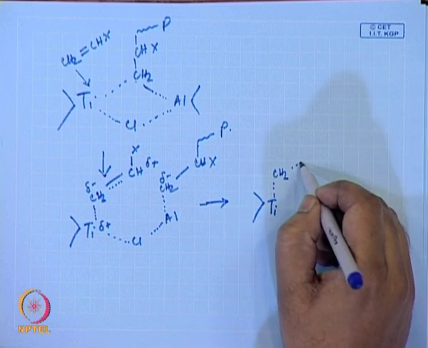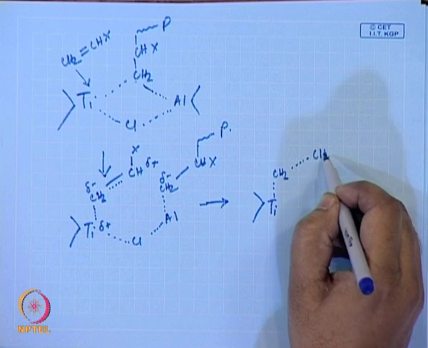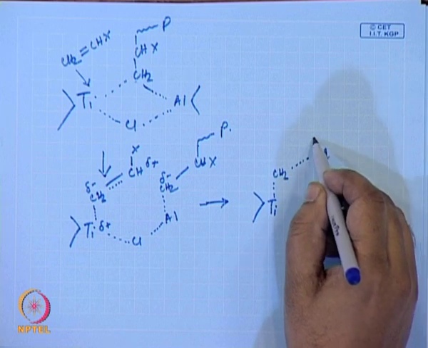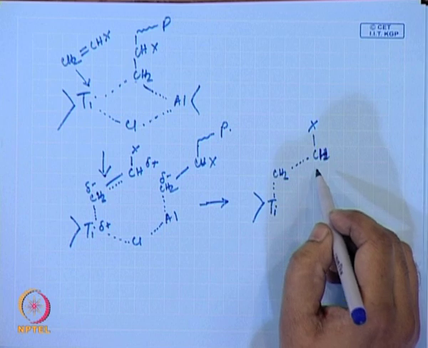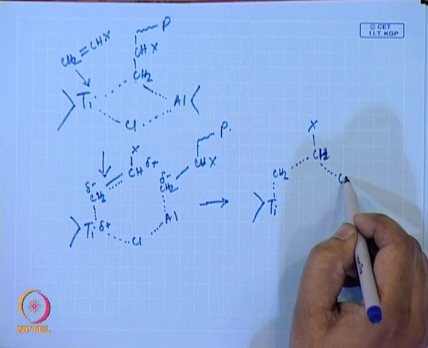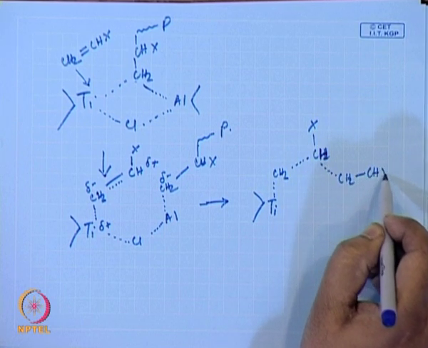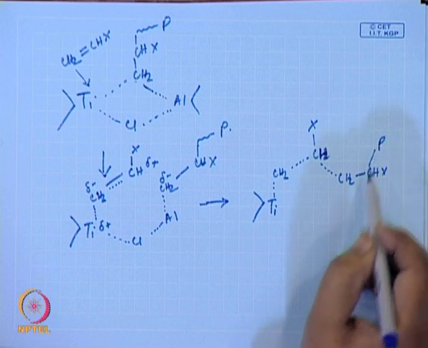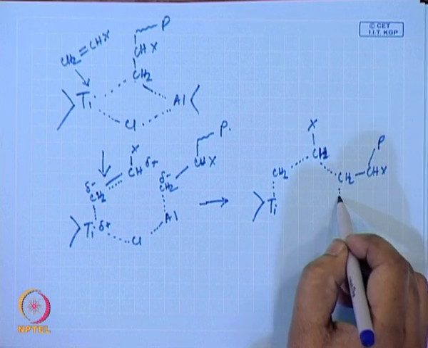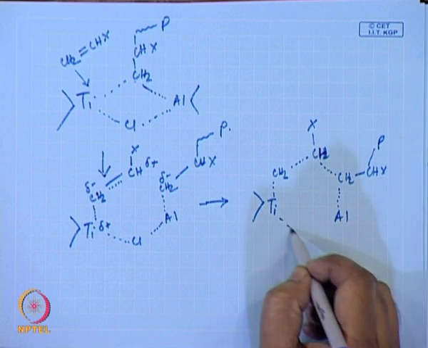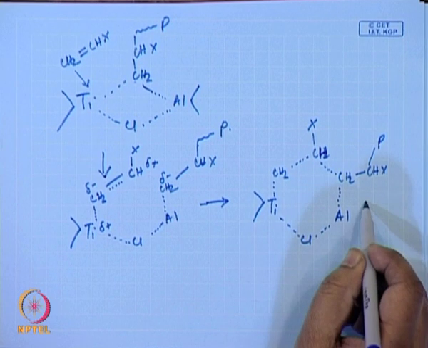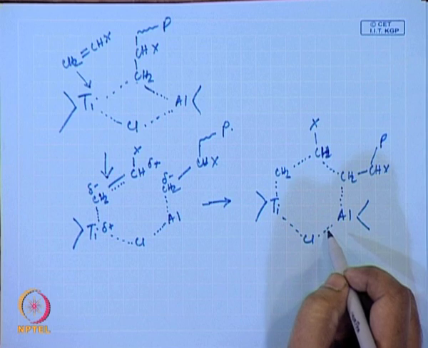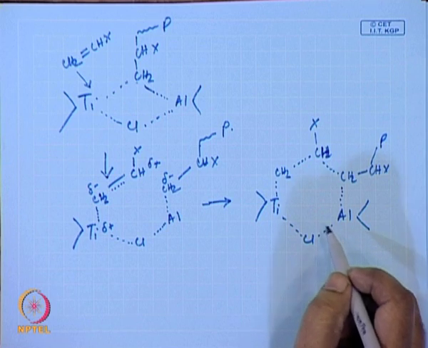You can draw it yourself, and so that is the 6-membered ring transition state.